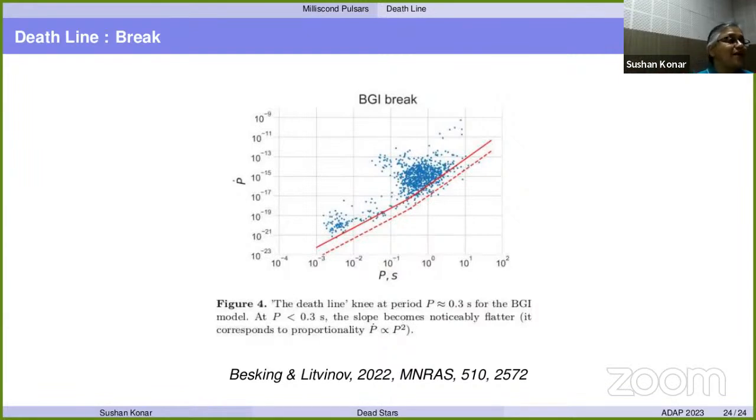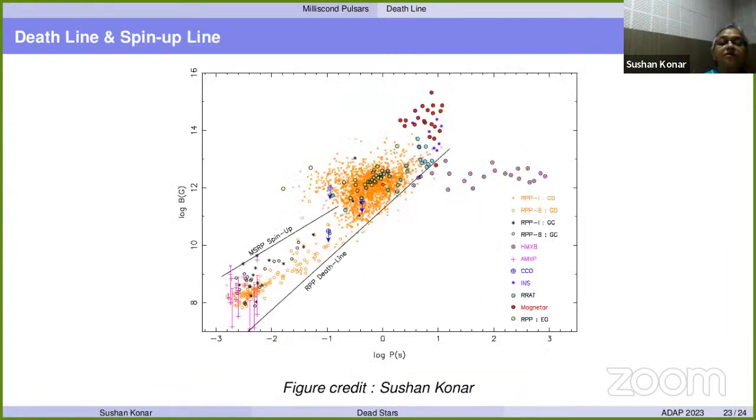So we know the accretion rates, and we also know the range of final magnetic fields, right? That also comes from our model, which matches the observation. So depending on the rate of accretion and the magnetic field, this is what we created, the spin-up line.